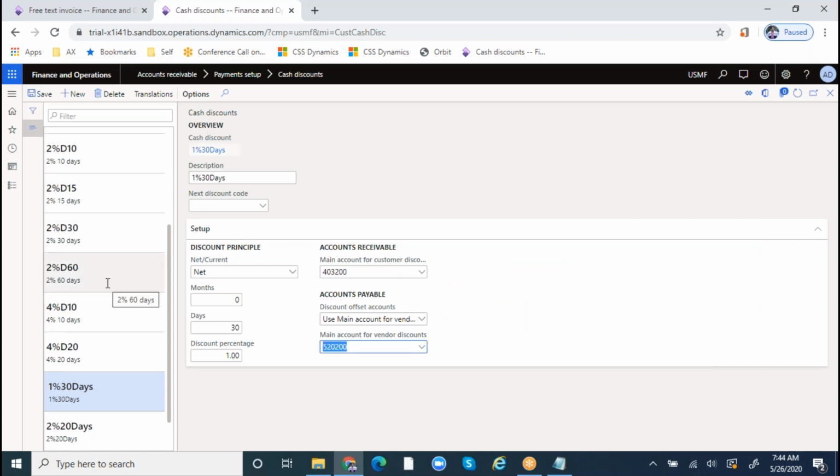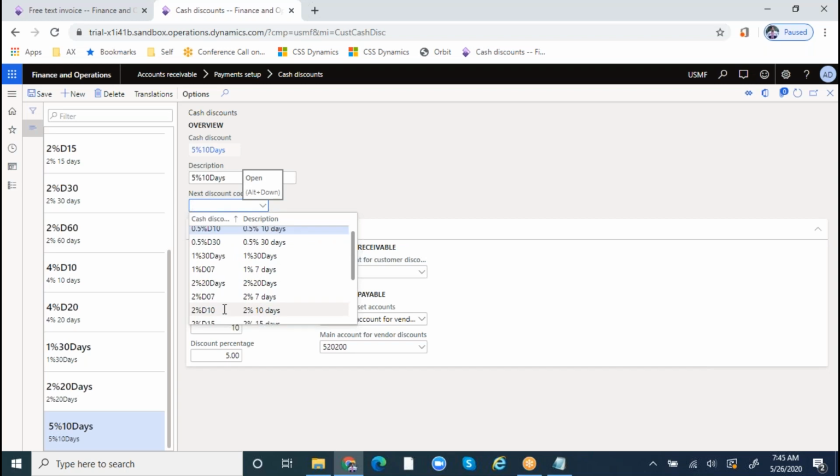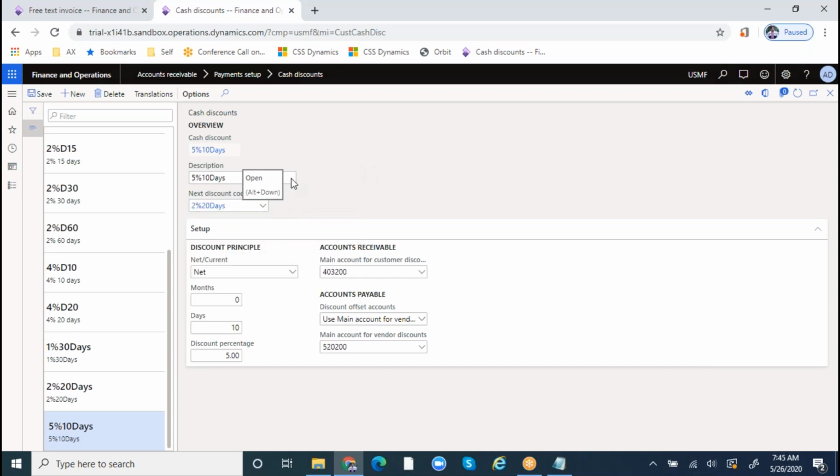Now suppose the first one is 5% 10 days. If it is crossed, then it will look for the next discount, which is 2% 20 days. I am tagging this one to this one.